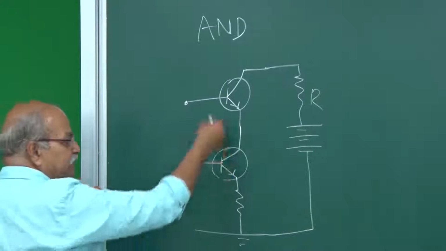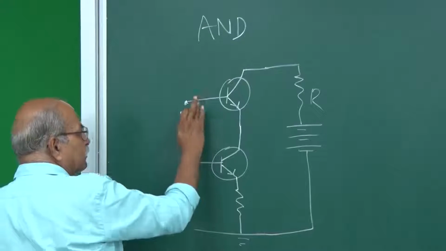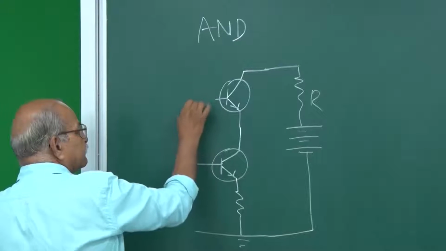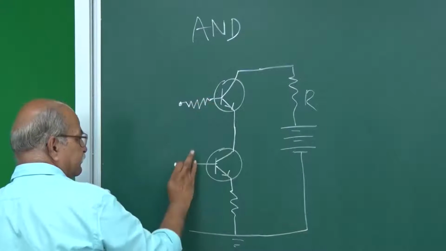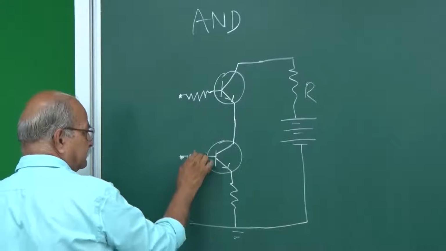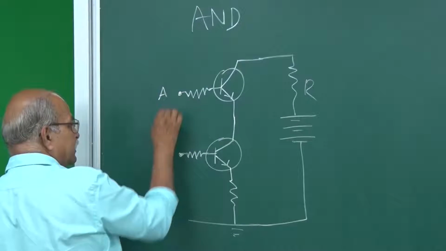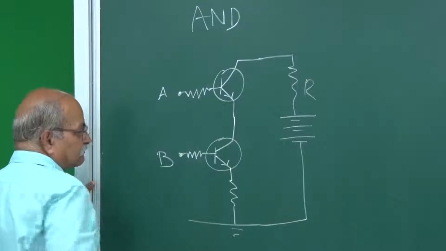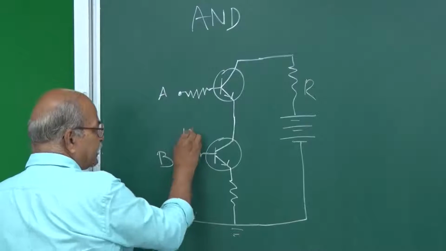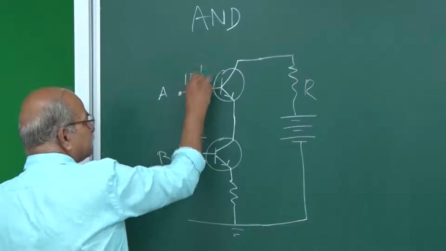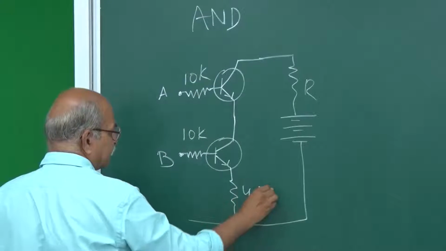So, you can put resistances in the base circuit. These are the input points, typically say 10K here, 10K here, 4.7K here, like that.